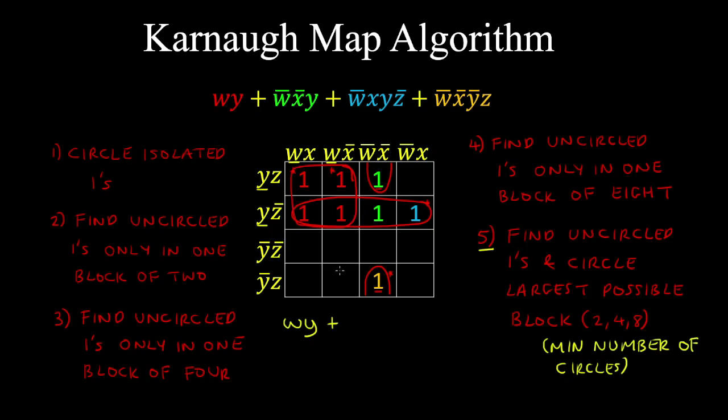And the next block of 4 gives us Y and the complement of Z. And finally, for the remaining 2 ones, we have W bar, X bar being common to these 2 ones, and Z is also common to these 2 ones. So this here is our minimal representation of this Boolean expression. And I encourage you to actually expand these out using Boolean algebra, and you'll see that they're equivalent.